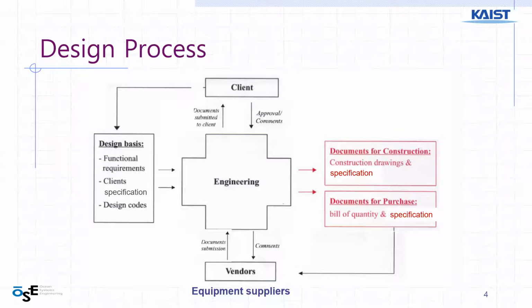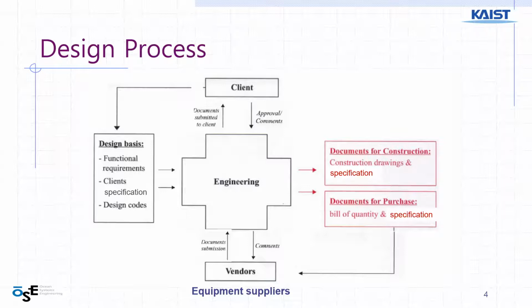Then after many cycles of design changes and improvement, based on comment, the document for construction is delivered to the construction department. There is a construction drawings and right-hand side in red color and specification.